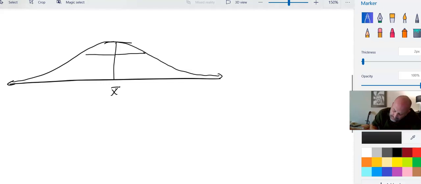So if I travel one standard deviation in each direction, right, this is 1S, that's actually significant. And then if I travel 2 standard deviations in each direction, these amounts are also significant.